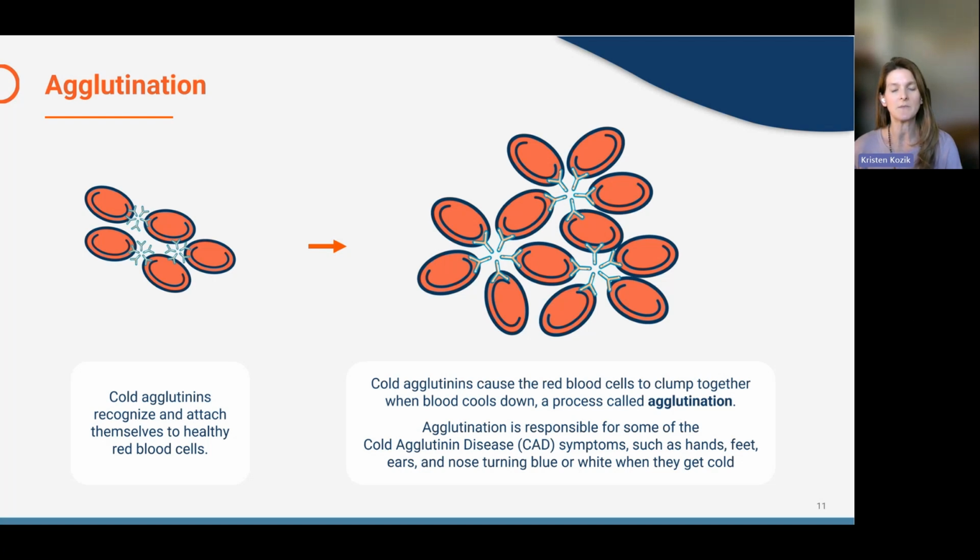It can become difficult for those clumped red blood cells to move through the blood vessels in your periphery because the vessels may be quite small in that area. This agglutination causes some CAD symptoms, such as the hands, the feet, the ears, and the nose sometimes turning blue when they get cold.